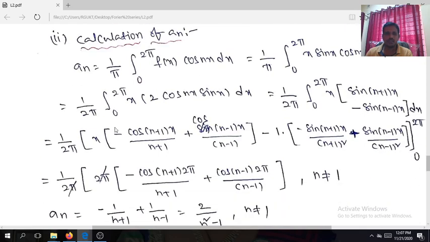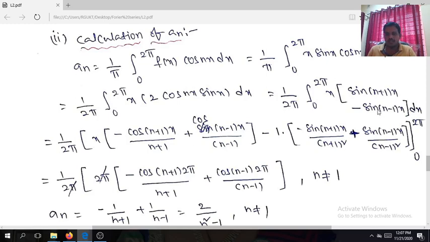X into integration of sin n plus 1 into x minus sin n minus 1 into x. Clear, this is the integration. Minus x derivative is 1, 1 into again the integration of this. Cos integration is sine. Before minus is there, as it is minus sine of n plus 1 into x divided by n plus 1 by n plus 1, that is n plus 1 whole square.